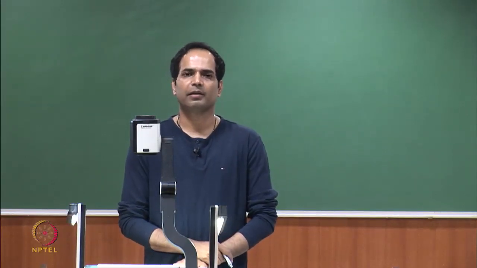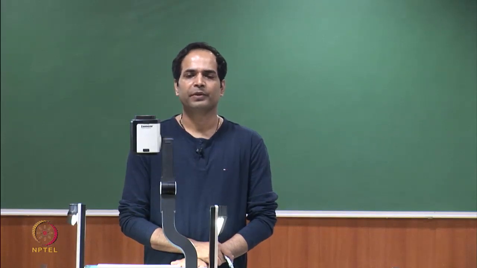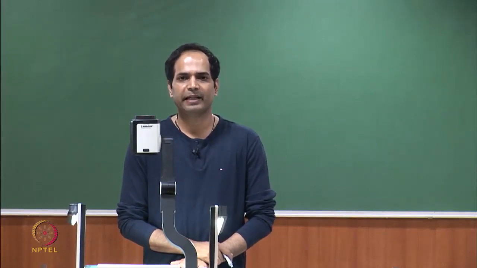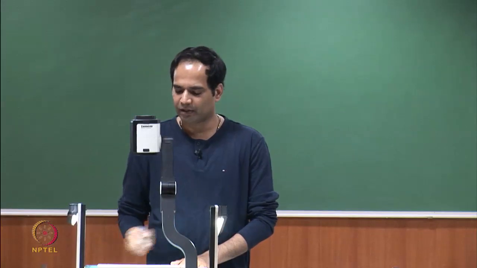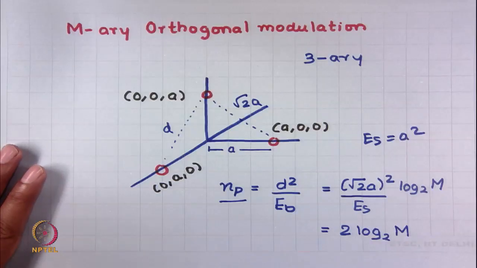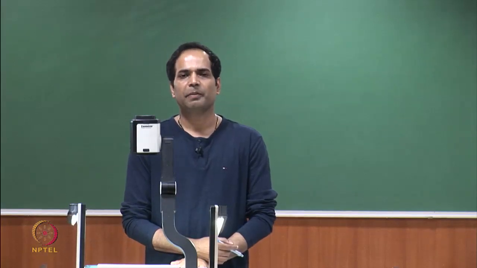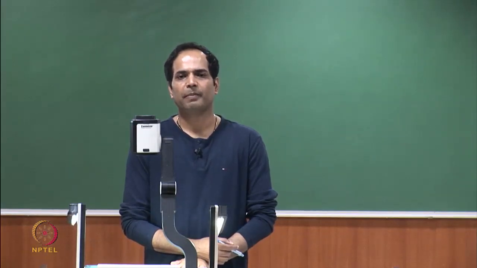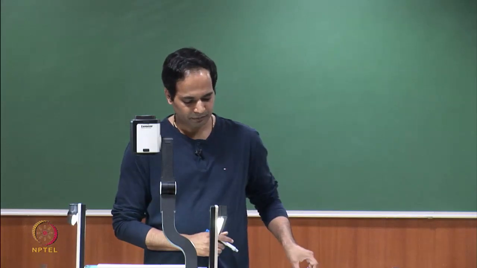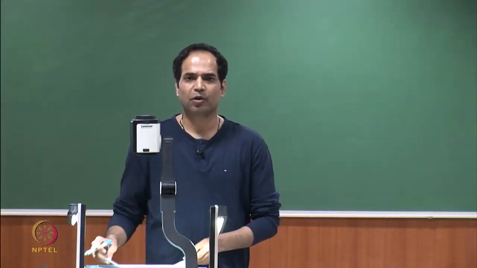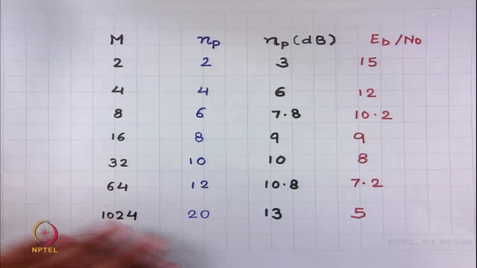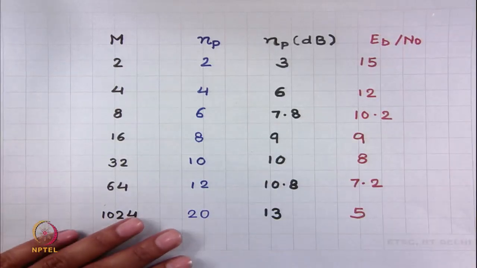There the power efficiency decreased with M, here the power efficiency increases with M. Thus, as you increase the order of modulation, the modulation scheme becomes more and more power efficient. And that is why we like these orthogonal modulation schemes to be used in the power limited channel.